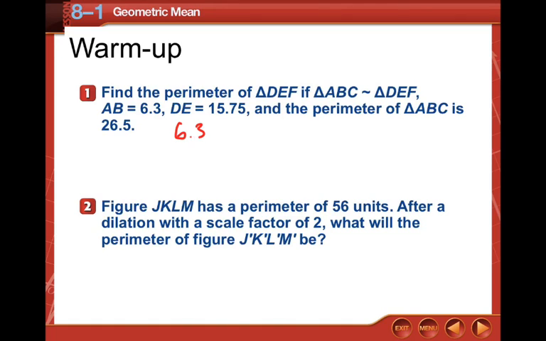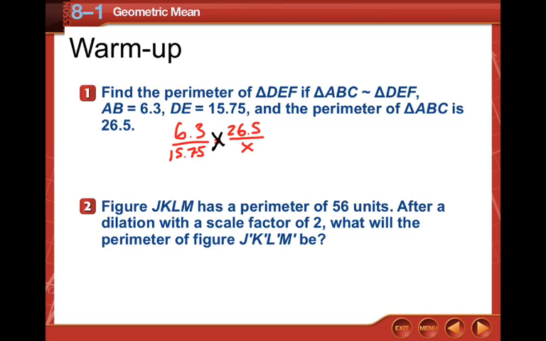So 6.3 over 15.75 equal to, now on the other ratio we're going to use the perimeters. Since we are given the perimeter of triangle ABC and the 6.3 is AB's length, then we're going to put the perimeter of ABC on the top. So 26.5 over the perimeter we don't have yet, we'll call X.